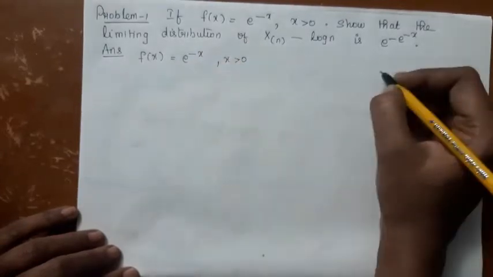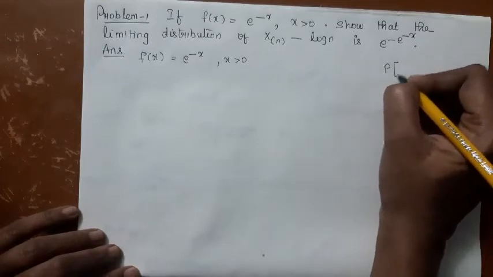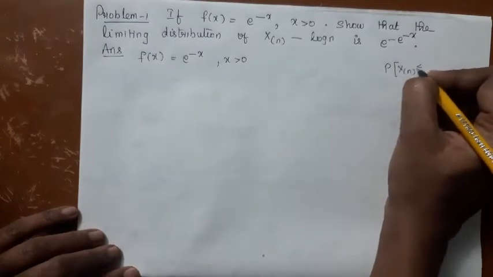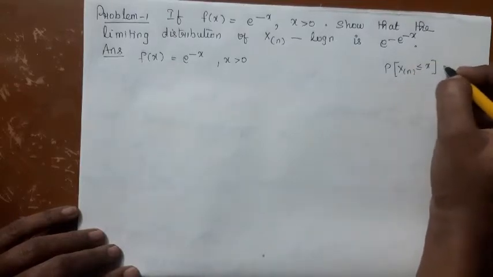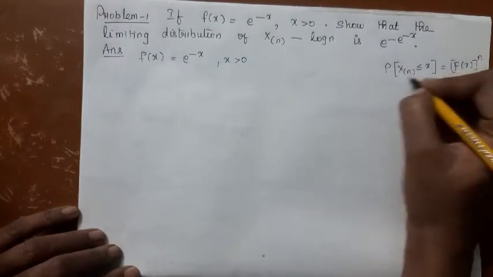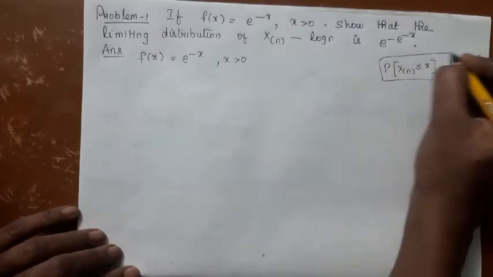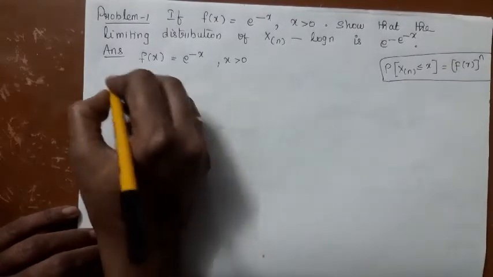Why? You need it because the probability of Xn less than or equal to x, which is the CDF of Xn, is actually F of x the whole power n, right? We have derived it already. So I need capital F of x, that is the cumulative distribution function.